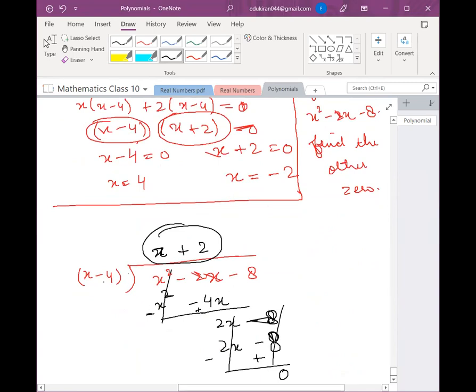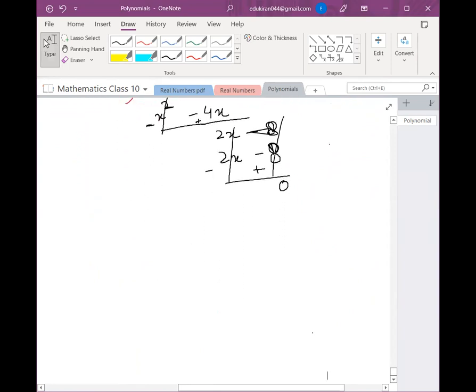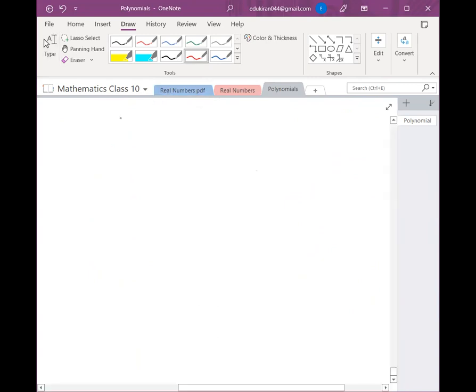Okay. So let us do this question now. Since two zeros are under root 5 by 3 and minus of under root 5 by 3.